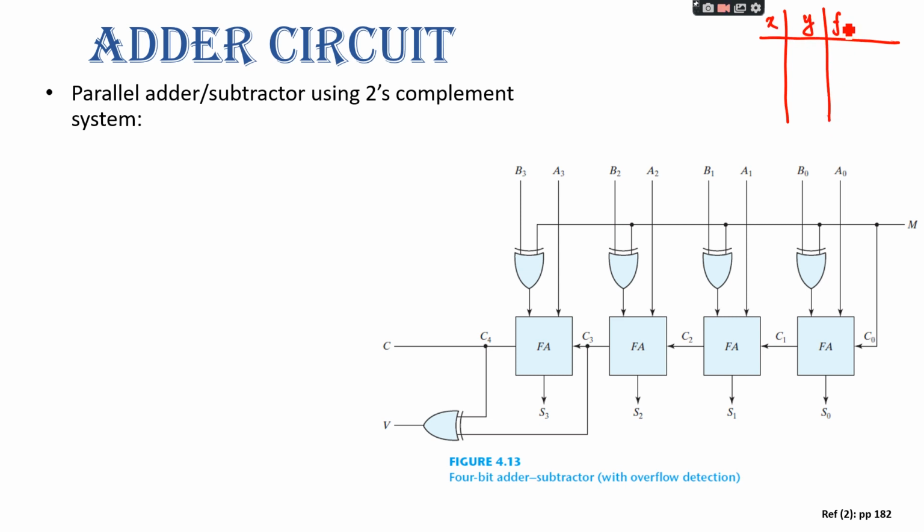X and Y, your output should be X bar Y plus X Y bar, right? The combination would be 0 0, 0 1, 1 0 and 1 1. So the output would be 0 when you have the same input, and when you have different inputs, the output would be 1, right?